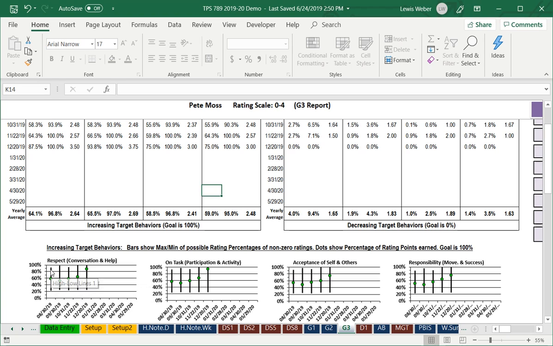As the dot travels up to the top of the bar, wherever the bar happens to end, more and more intense measures, or closer to all fours, were being recorded. If the dot is all the way at the top of the bar, wherever the bar happens to be, all fours were earned in the non-zero cells, the recording blocks, that is. So let's take a look.